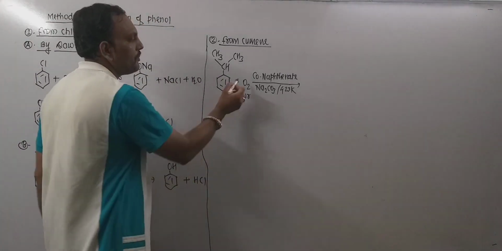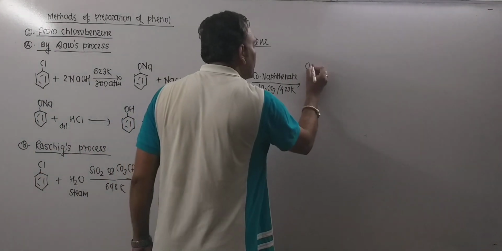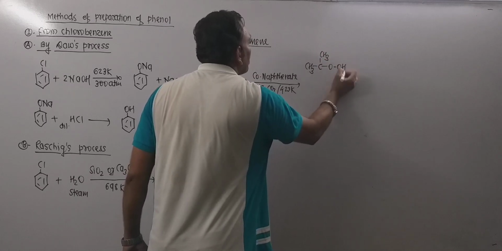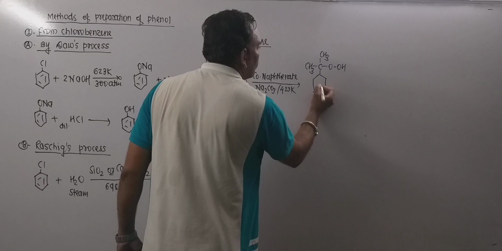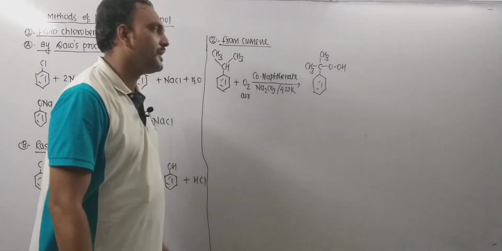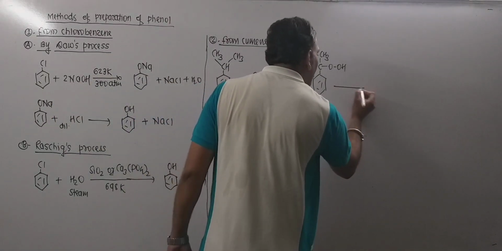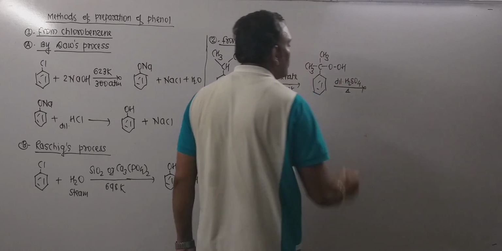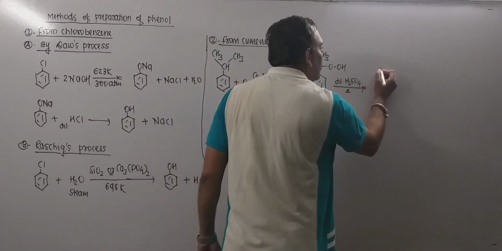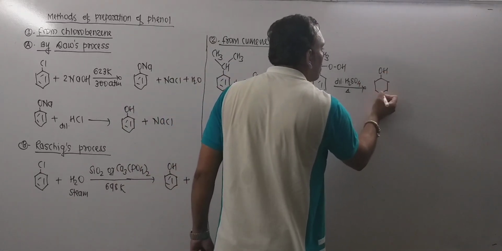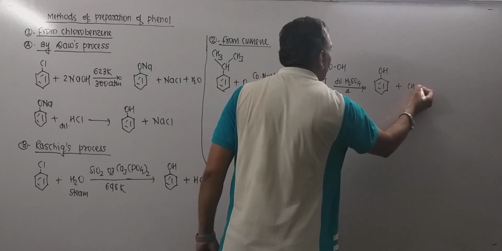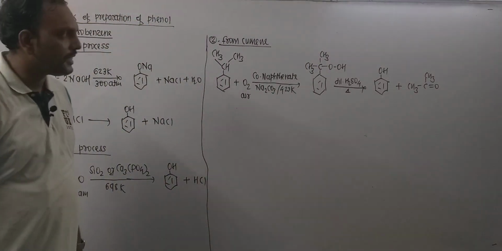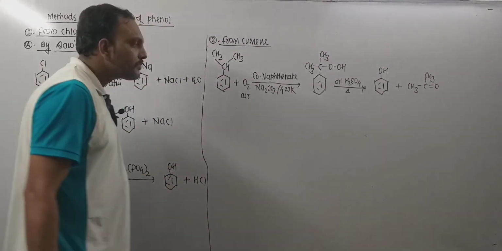Addition of oxygen at the site takes place, and this leads to the formation of cumene hydroperoxide, and we know very well the peroxy linkage is a weaker one. This cumene hydroperoxide is decomposed by heating in presence of dilute H2SO4 to get phenol directly with the departure of acetone. Remember, acetone is also a valuable byproduct here. In this way phenol can be prepared.